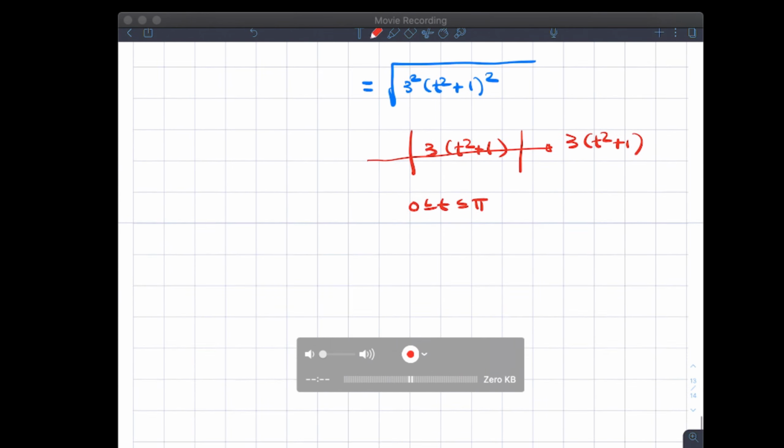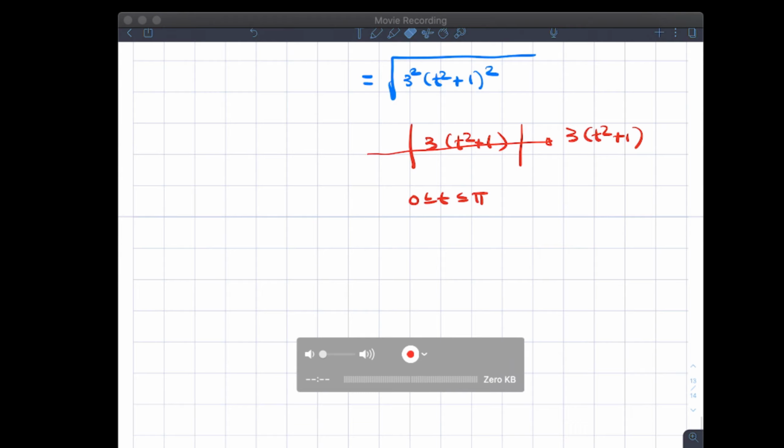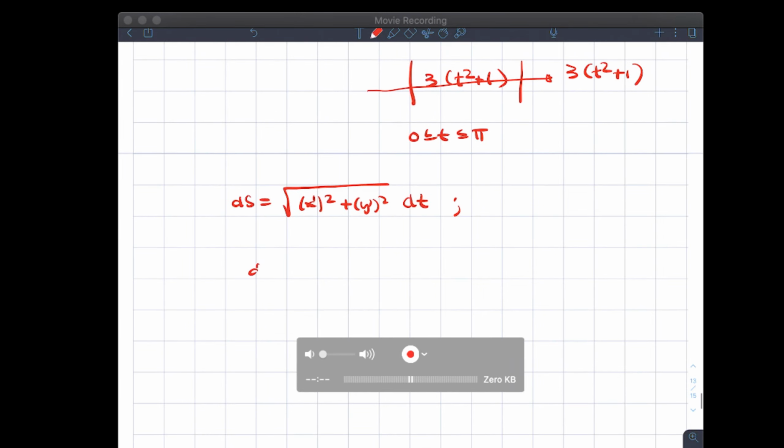That means we have ds is the square root of x prime squared plus y prime squared dt. We just found what ds is. ds will be 3 t squared plus 1 dt.